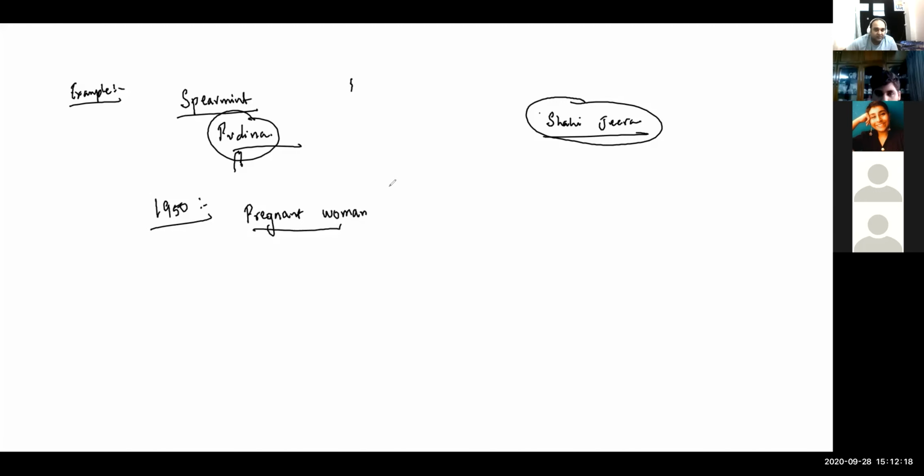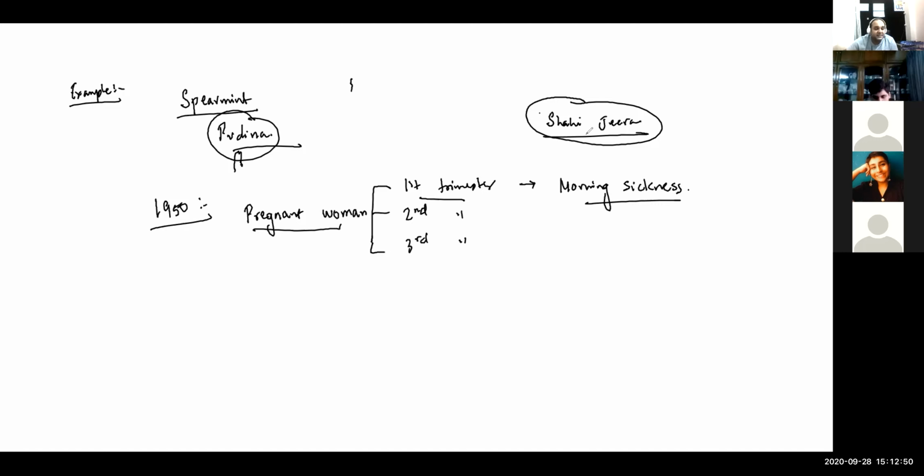First trimester, second trimester, third trimester. In the first trimester, usually when the baby starts growing, women suffer from morning sickness.